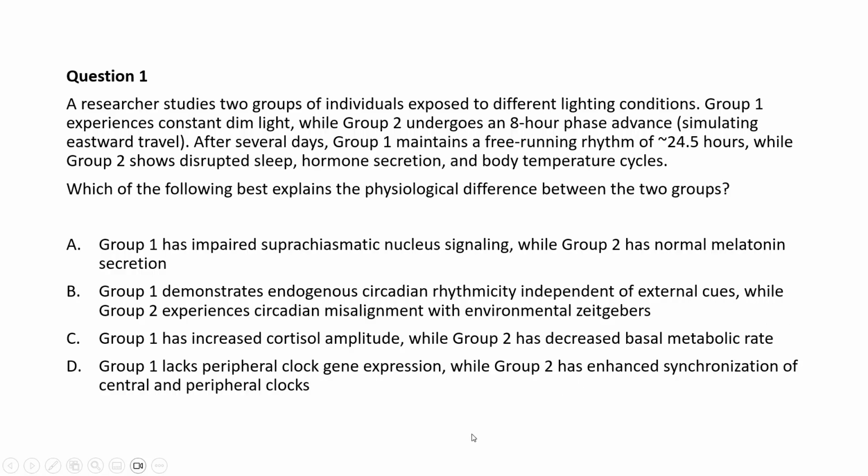And finally, group one lacks peripheral clock gene expression altogether, while group two has enhanced synchronization of central and peripheral clocks. So this is a bit of a thinker. So you guys think and let me know what you think the answer is.